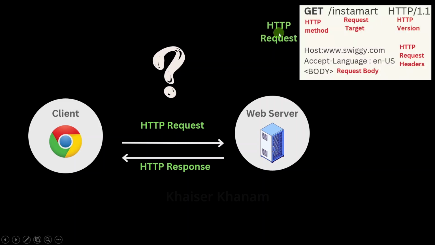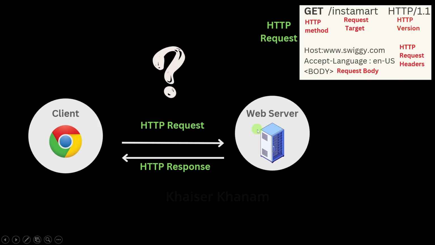And we have already seen how this HTTP request looks. We are going to have the HTTP method, and then the request target, what resource we are looking for, and then the HTTP version along with HTTP request headers, and then here we will have the request body.